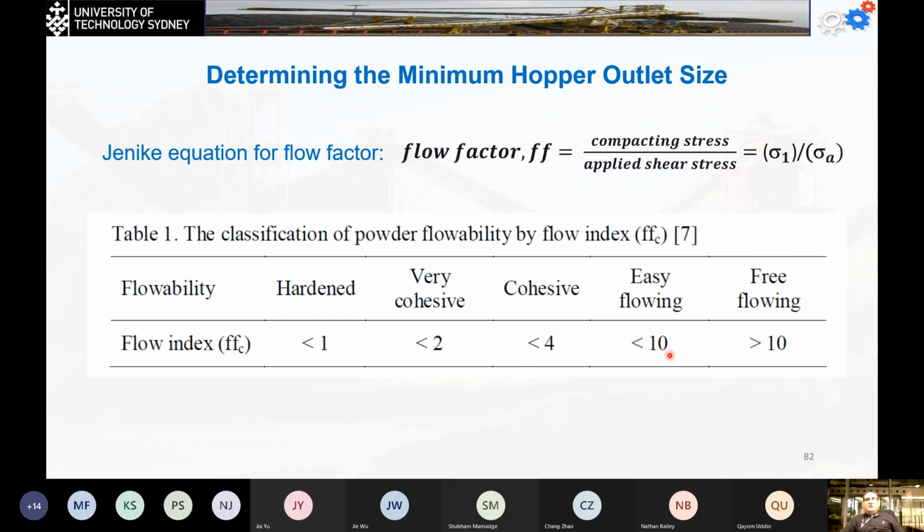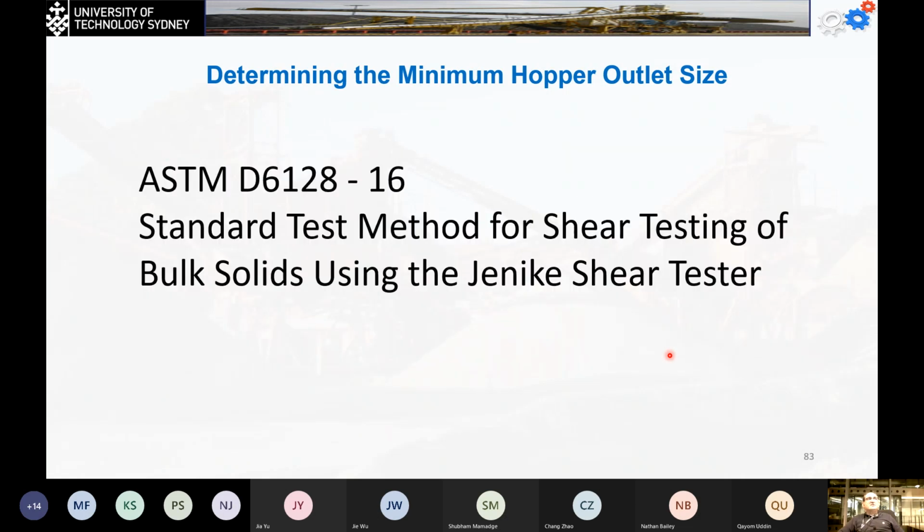To do the process and determine the outlet of the hopper, we usually follow the American Society for Testing and Materials standard D6128, version 16, the standard test method for shear testing of bulk solids using the Jenkins shear tester. Multiple measurements have been done, and we have a chart.